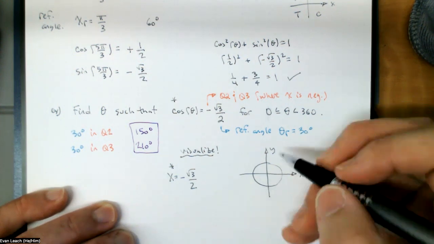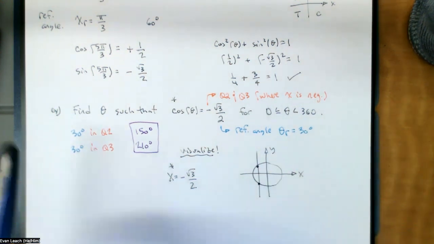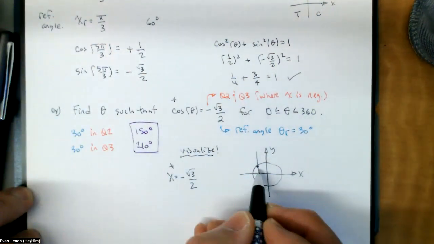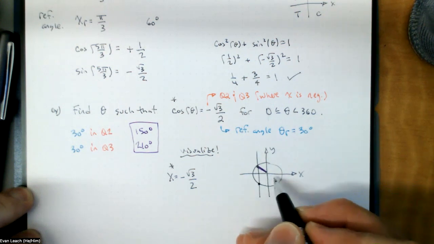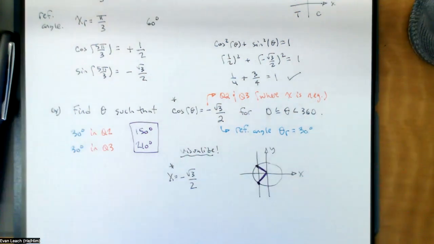So I'm going to go to an x coordinate of negative root 3 over 2 and find those two angles. Negative root 3 over 2 is the last one that we get to before we get to negative 1, because that's 0.8660. So that's going to be the one that's farther away. That's going to be the 150 and the 210.